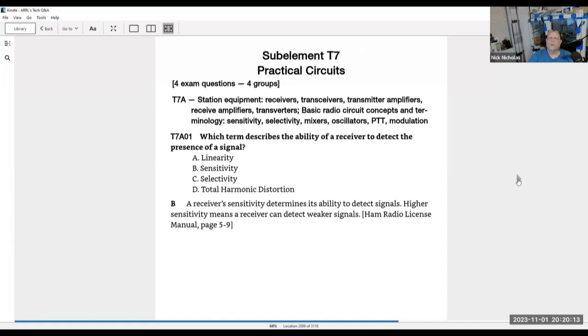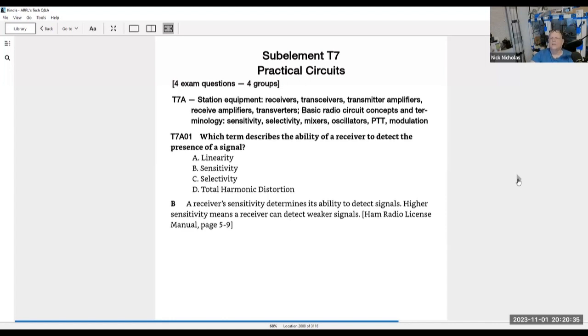Which term describes the ability of a receiver to detect the presence of a signal? This is important. There are two main things you always want to pay attention to in receivers. One is selectivity, the other is sensitivity. And we're going to define them both as in this question.